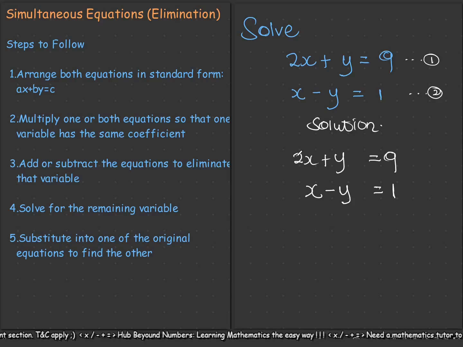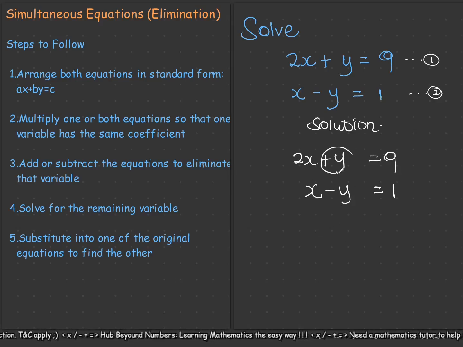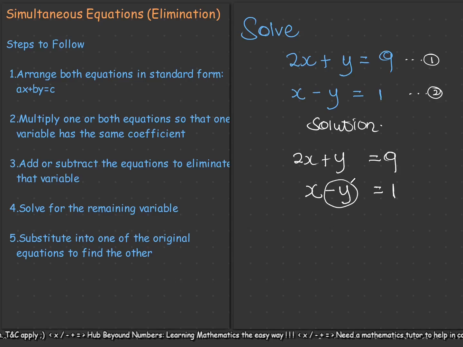Elimination simply means you want to remove that variable out of your set of equations. Looking at what I have here, I'm deciding to eliminate the variable y. If I want to eliminate the variable y, then I have to make sure that the coefficient, what I mean is the number in front of the y's, are the same.